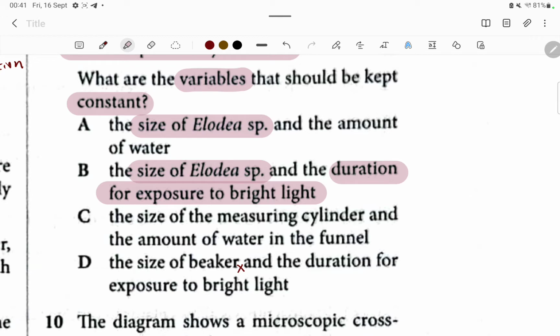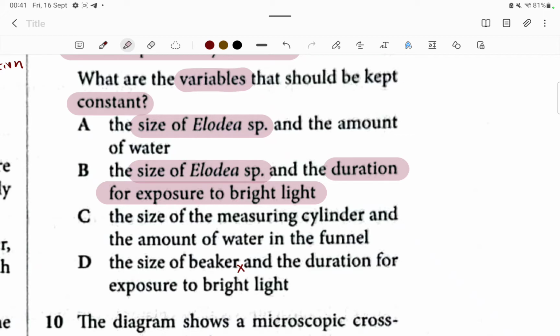Wait. This one can be different. So these two, duration of exposure, because different size have different amount of chloroplast.